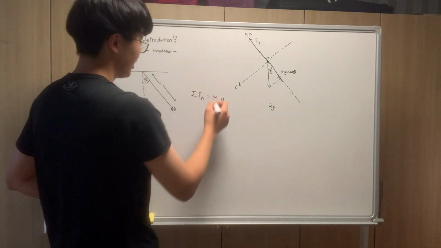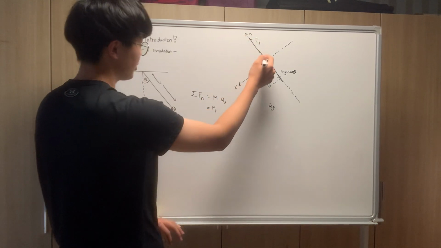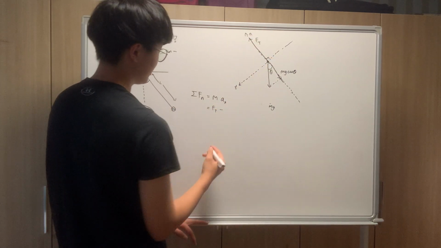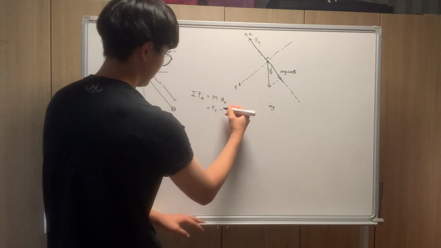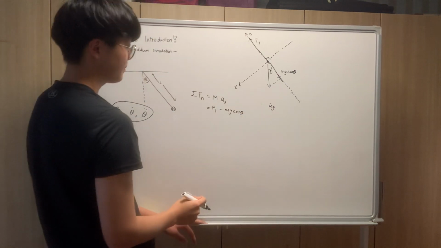And so the net force is equal to Ft, the larger force, minus the retarding force, the force in the opposite direction of tension, which is mg cosine theta, caused by the weight.